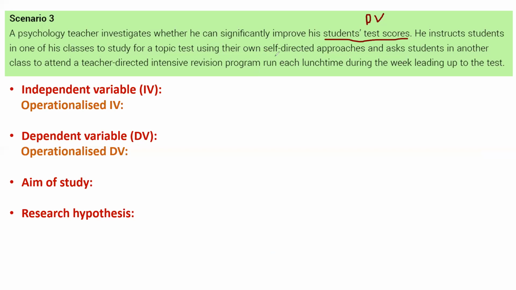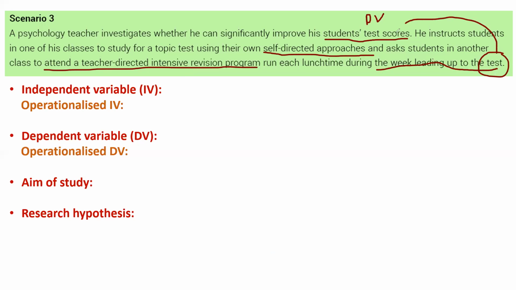And that is operationalized, or measured, by whether the student uses a self-directed approach, or whether they attend a teacher-directed intensive revision program. So whether the student essentially studies independently, privately on their own, or whether they go and attend a lecture that's being conducted by the teacher, where they don't have to do much extra work. Obviously they have to do this in the week leading up to the test, and those eventual test scores will be what are being measured for change after the students implement those respective study methods.